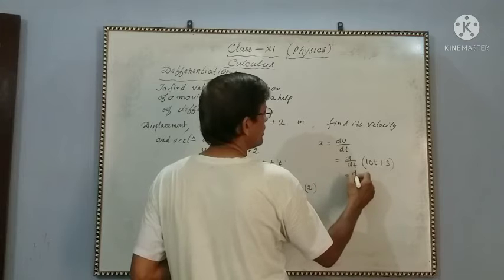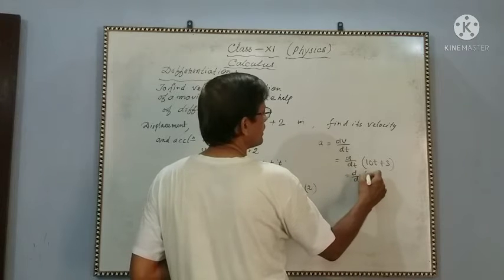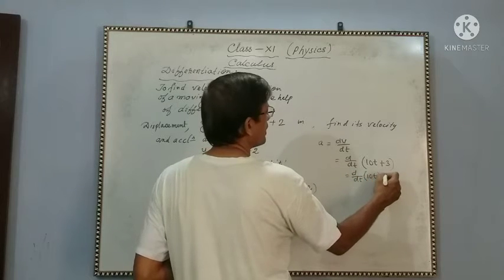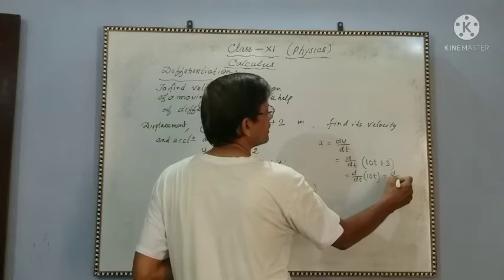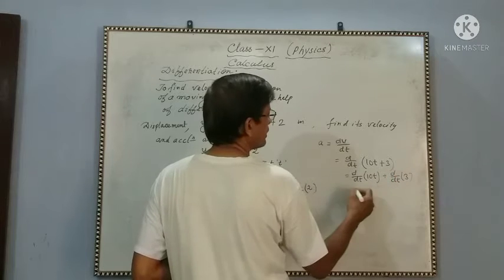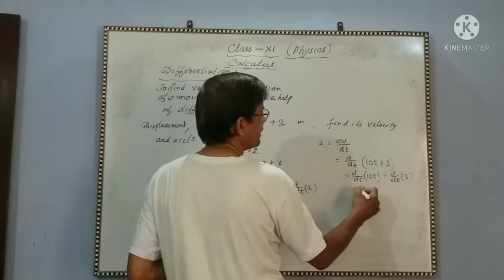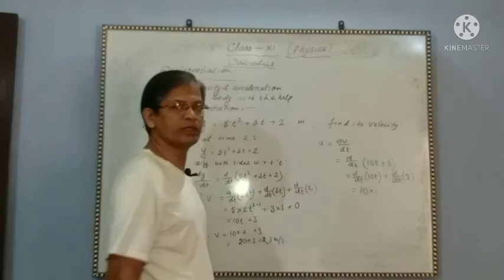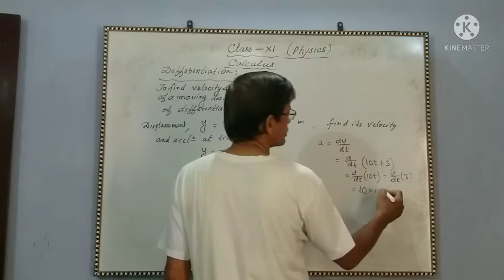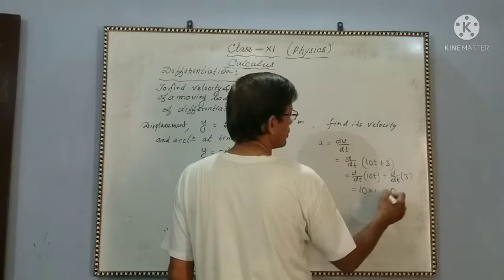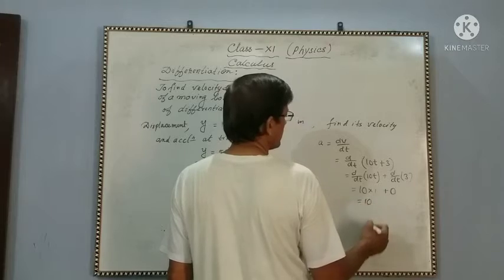So this is d by dt of 10t plus d by dt of 3, and this is 10 into 1, since d by dt of t means 1, and the constant gives 0, so this is 10.